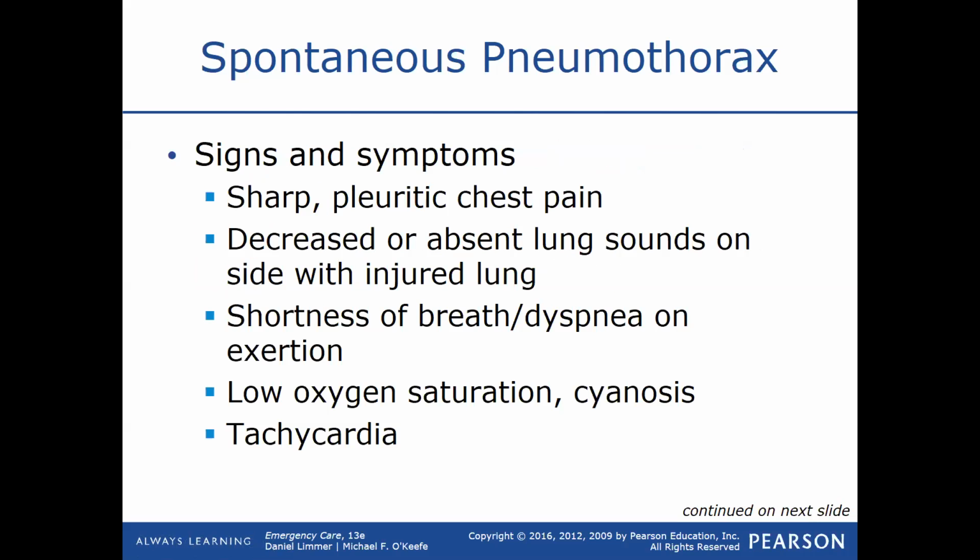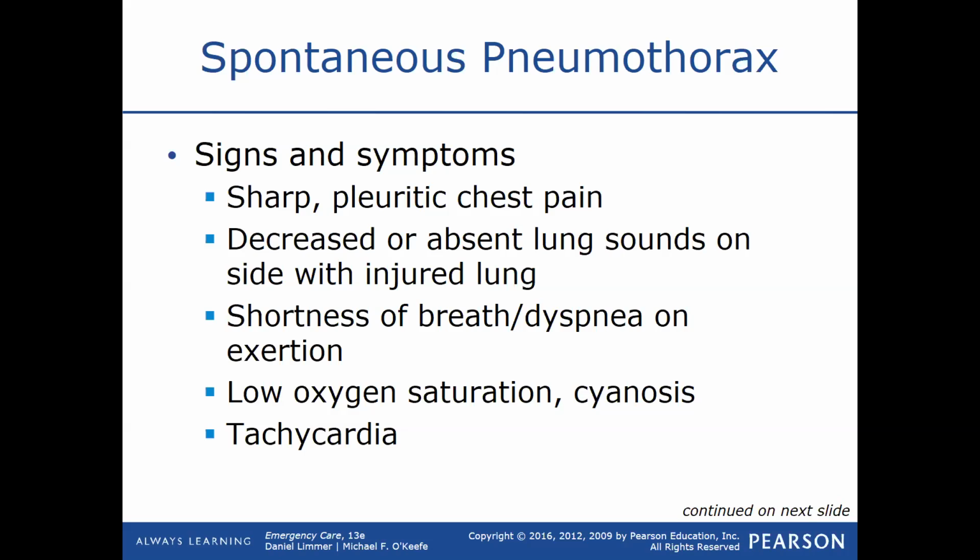So first off, spontaneous pneumothorax, is this patient going to get a CPAP? What do you think? Yes or no? No. Why is that? Good answer. Very dangerous. So this patient has a rupture, meaning a cut around their lungs.